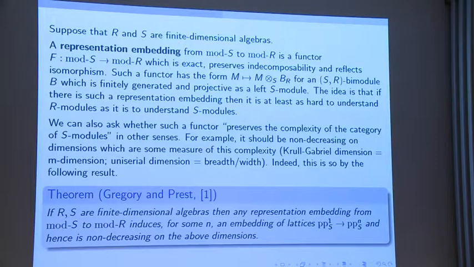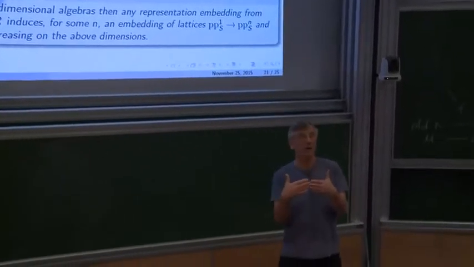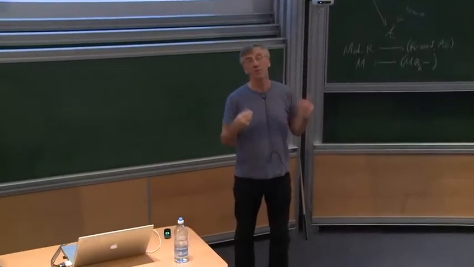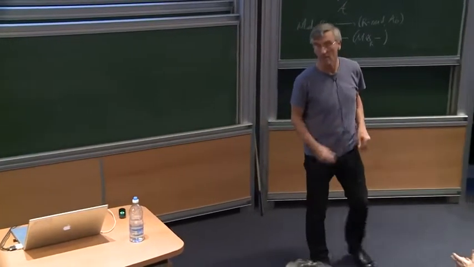Right. So I wanted to give you the general picture, but then also to say something about how these ideas appear in a specific context. So that's what I wanted to say.